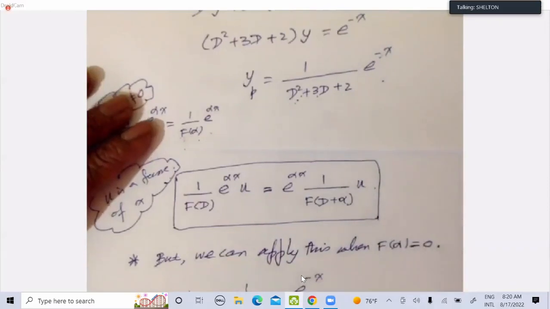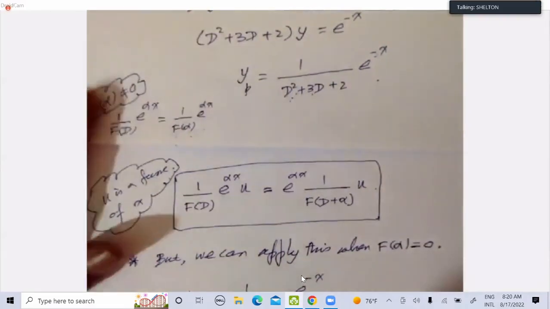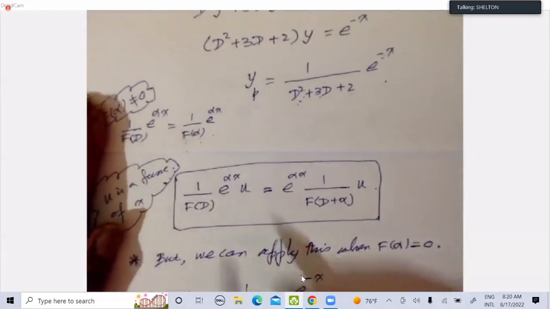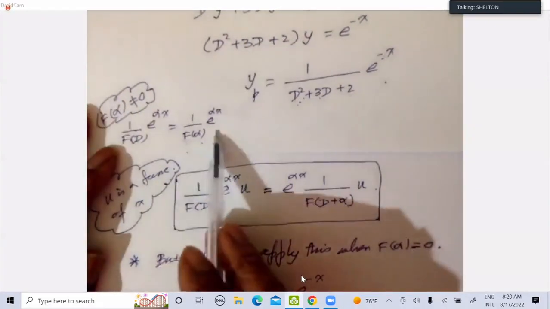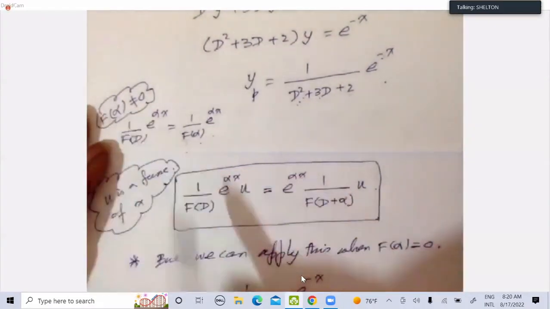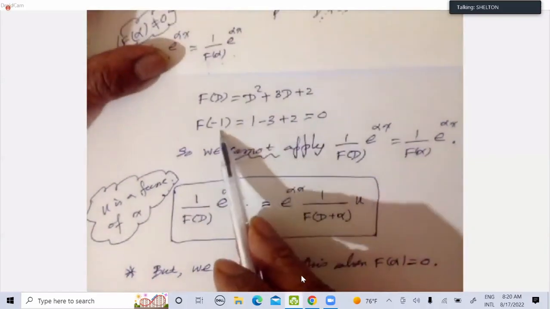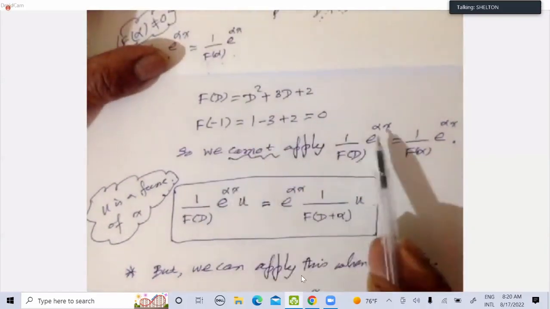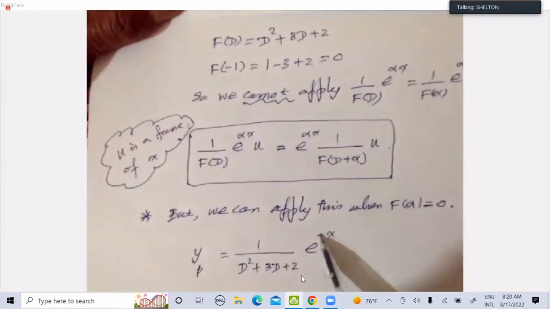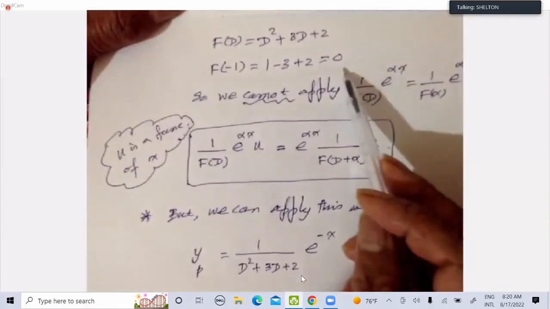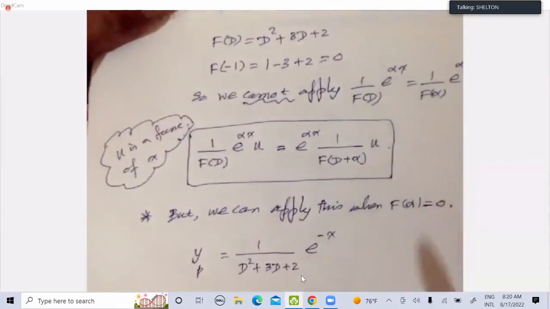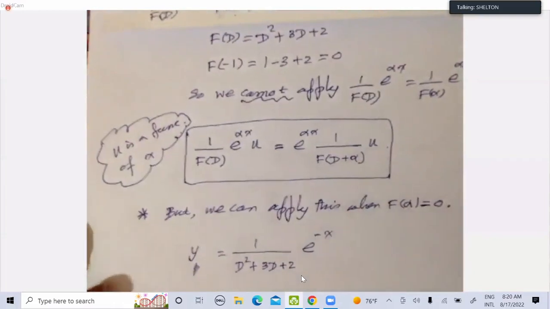I cannot put D equals minus 1 and find the particular solution, because if I do that, I get f(alpha), where alpha is minus 1, equal to 0. So now apply this formula.